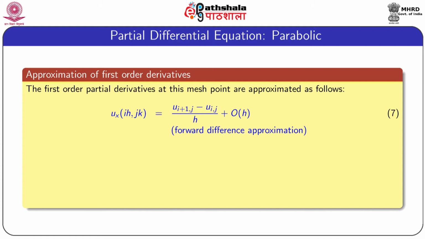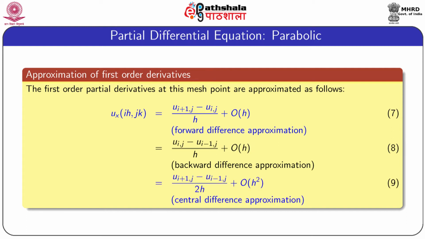Note that the second subscript of u, j, remains unchanged, and the first subscript is changed because the partial derivative is taken with respect to x, that means with respect to the first variable. For this reason, the first subscript is changed and the second subscript remains unchanged. This is the backward difference approximation of del u del x.